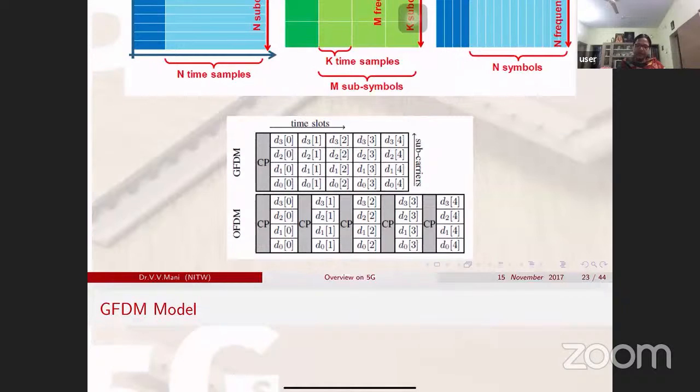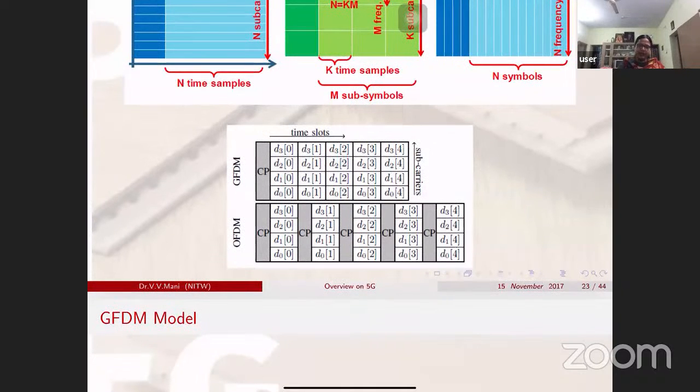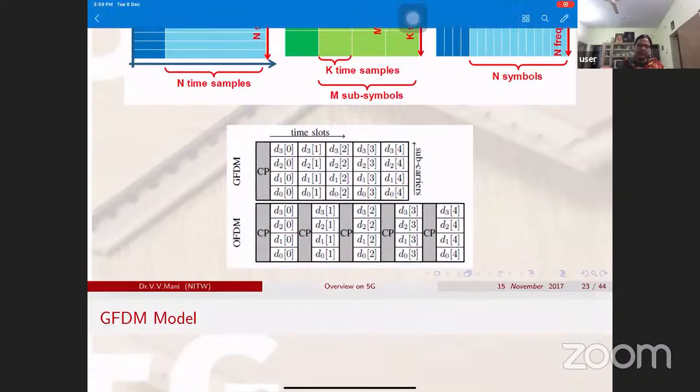Like that, I divide it into time slots. On each time slot, the same data samples, but these time slots generate different data symbols, because at different time instances the data symbols are also going to change, right? All these data symbols are added with only one cyclic prefix.